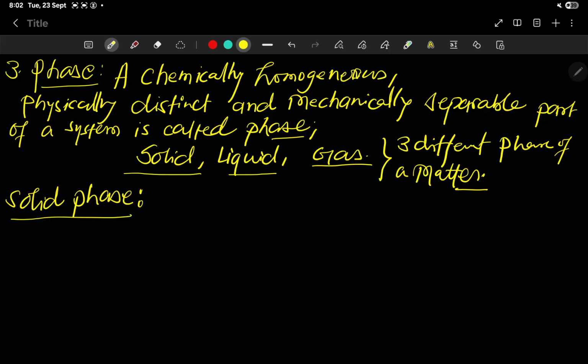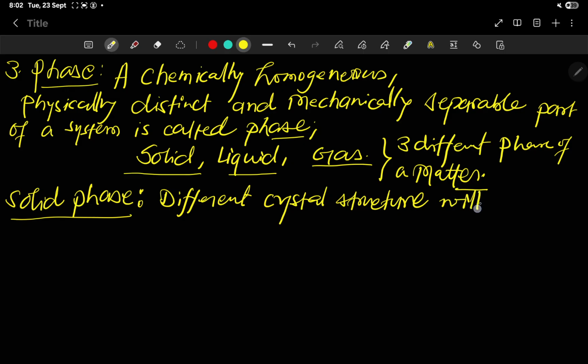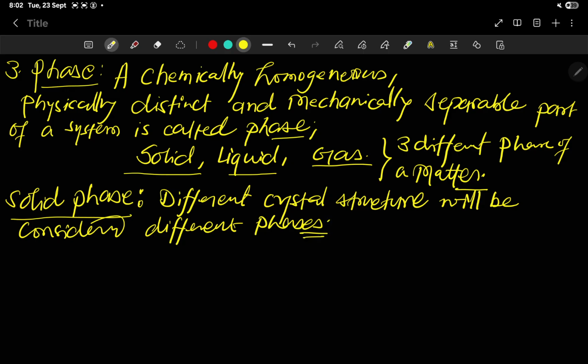If we have different crystal structures, different crystal structures will be considered different phases, and traditionally these phases are shown by Greek letters.